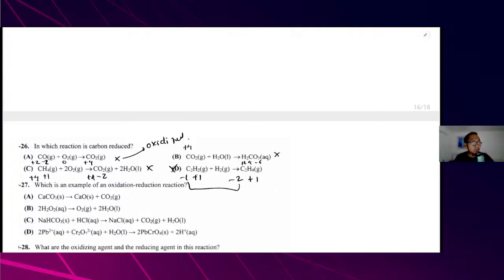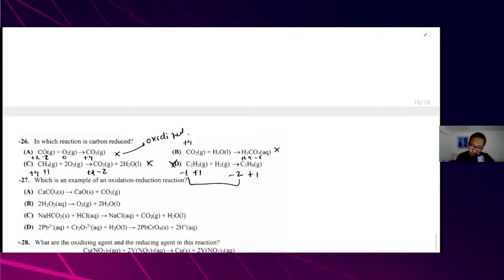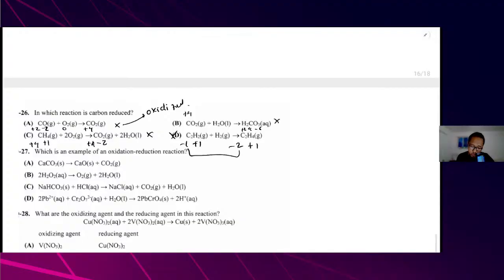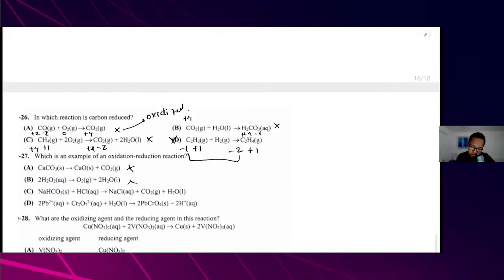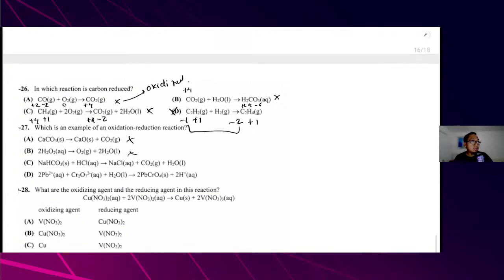Okay, now number 27. Which is an example of an oxidation reduction reaction? Again, this one not, this one not. I can understand directly. It's pretty easy because for 27, let me check it again, guys.